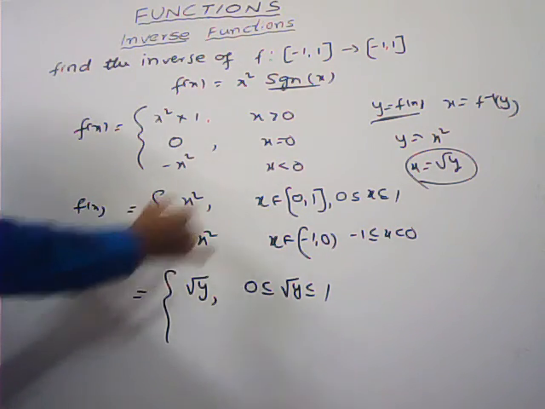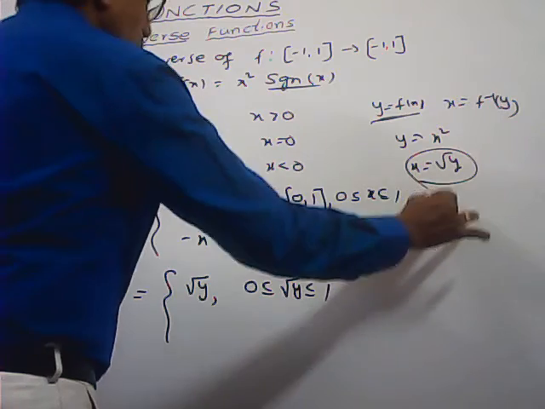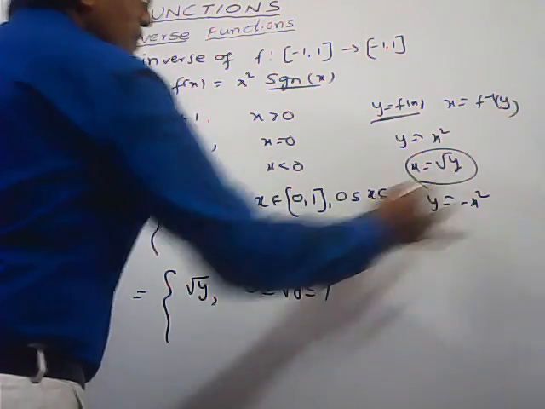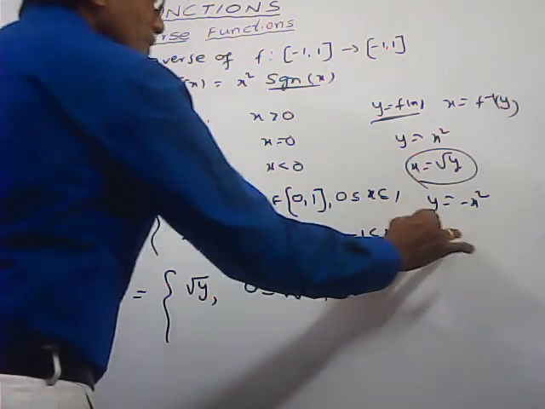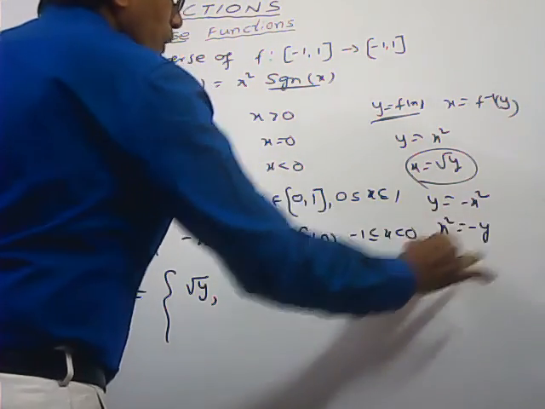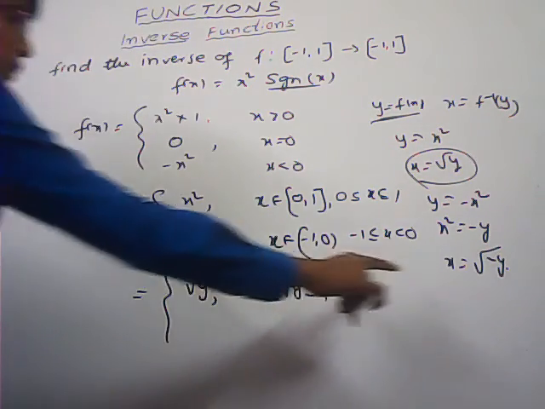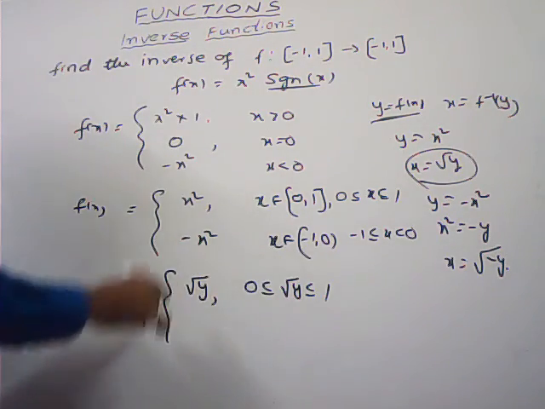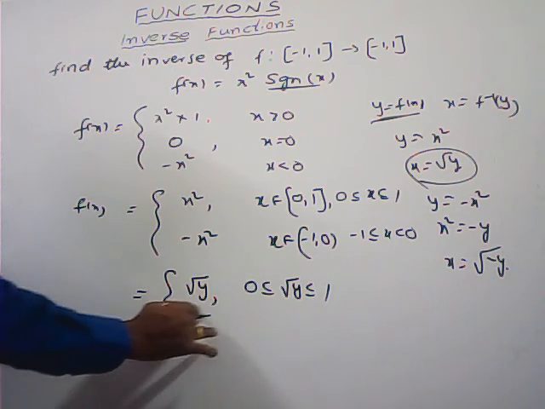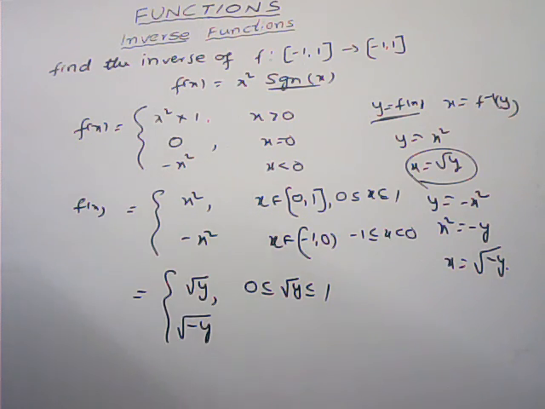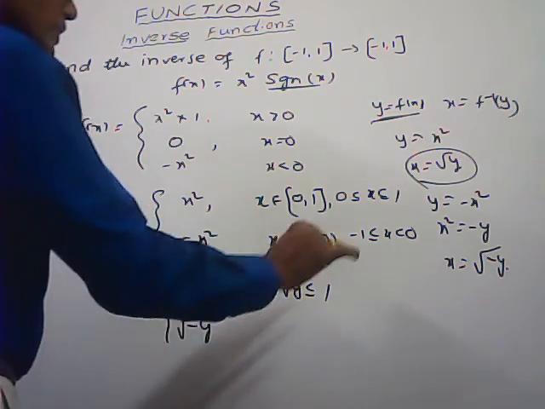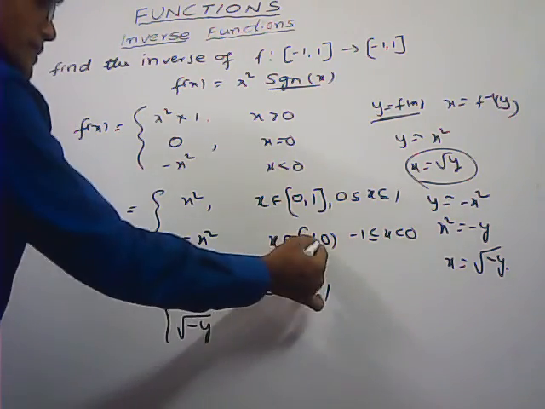And here, by taking y is equal to f of x, what about f of x here? Minus x square. Now x square is equal to minus y, x equals root of minus y. x is the f inverse of y only. f inverse of y is equal to square root of minus y. And here you can see one thing. x is less than 0 only.